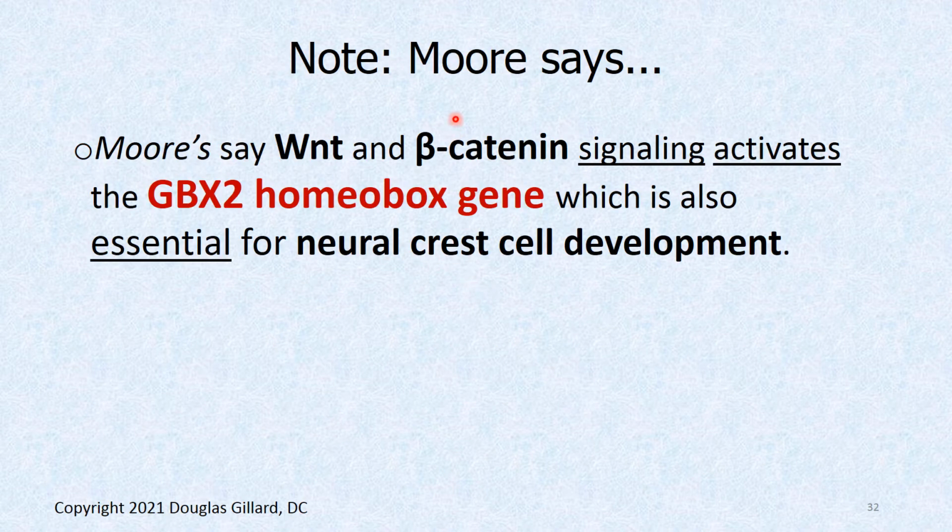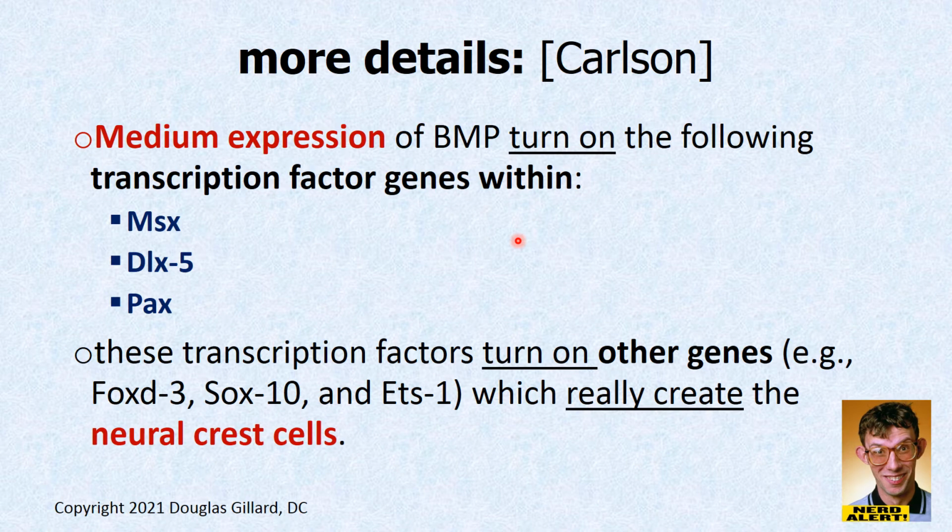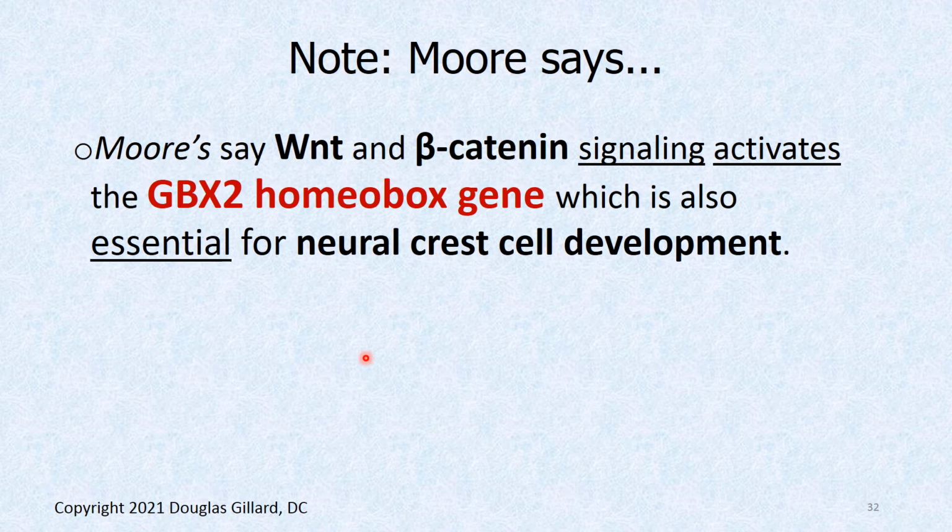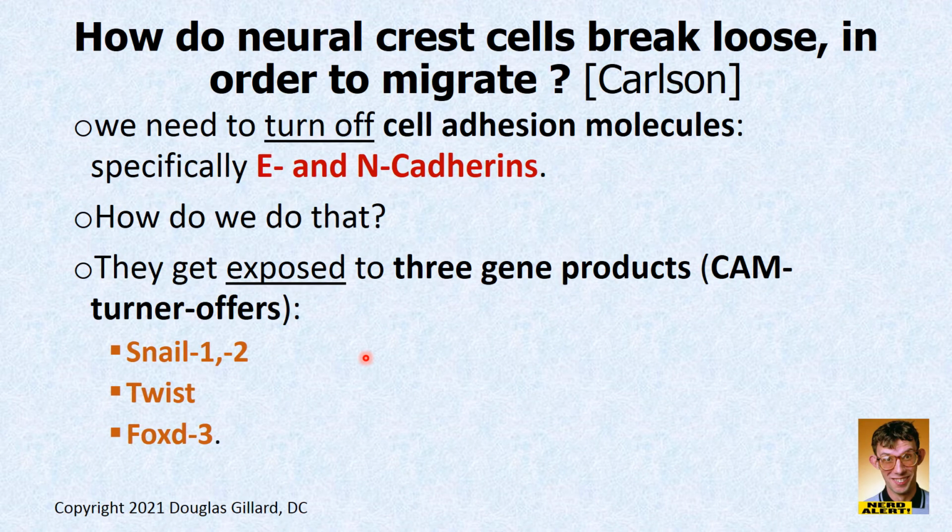And to make things even more complicated, Moore's, which is this chiropractic board book, says that Wnt and beta-catenin signaling activates the GBX2 homeobox gene. So this GBX2 gene is also involved along with these other genes. So it's an incredibly complex story. The authors don't agree on it, so I think that's beyond the scope.